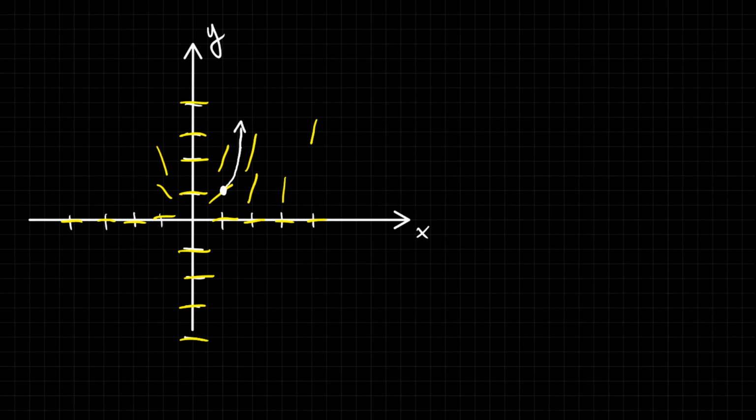Why did I draw it going up? Well, it seems to me that these tangent lines are very steep. They're getting steeper. What's going to happen as the solution goes to the left? Well, it's probably going to level out and then go something like this.